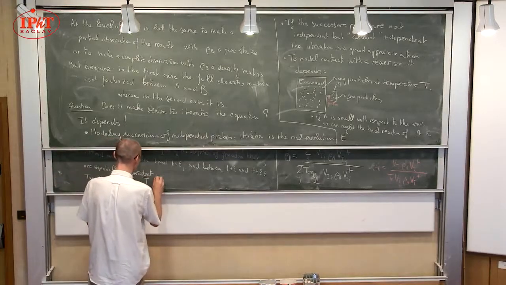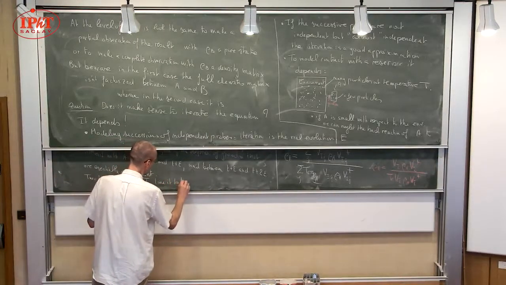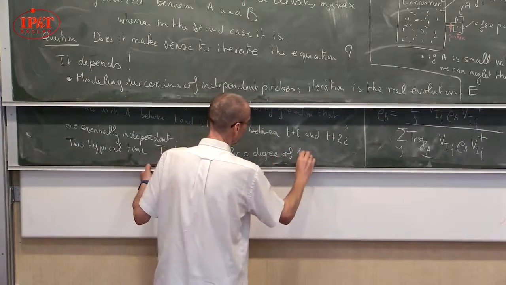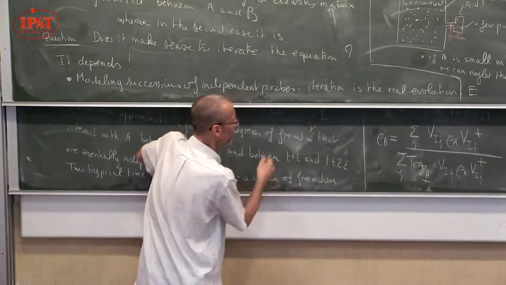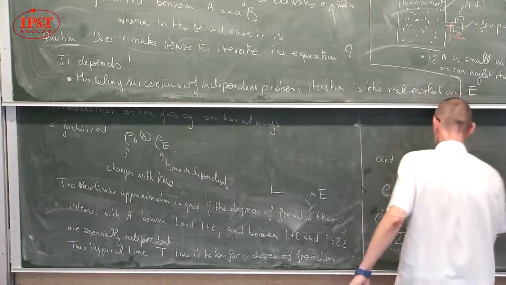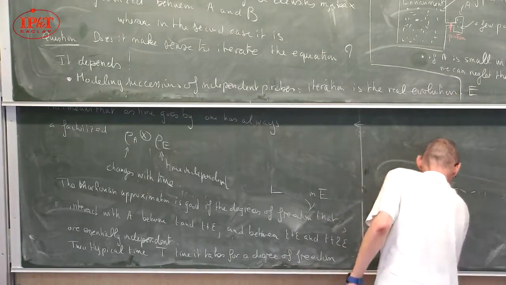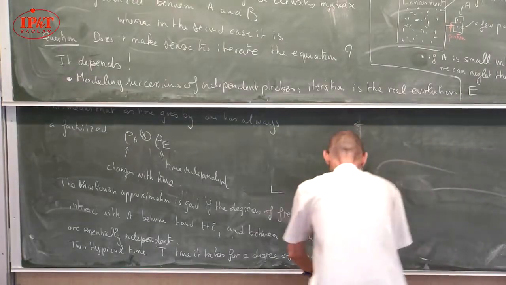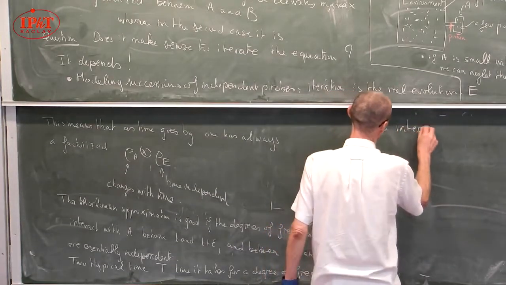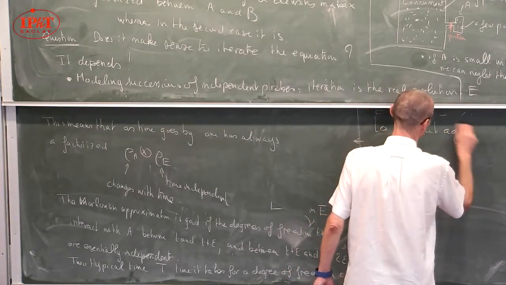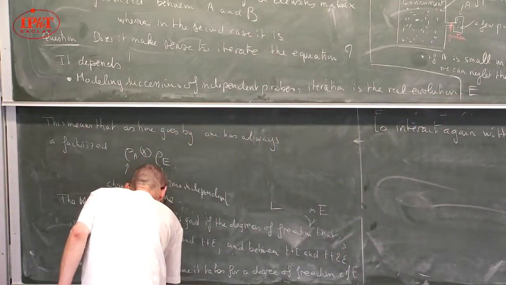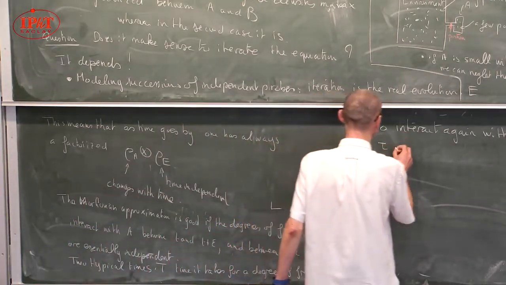Capital T, which is the time it takes for a degree of freedom in the environment to interact again with A, and you have another typical time, let's say tau, which is some kind of collision time.